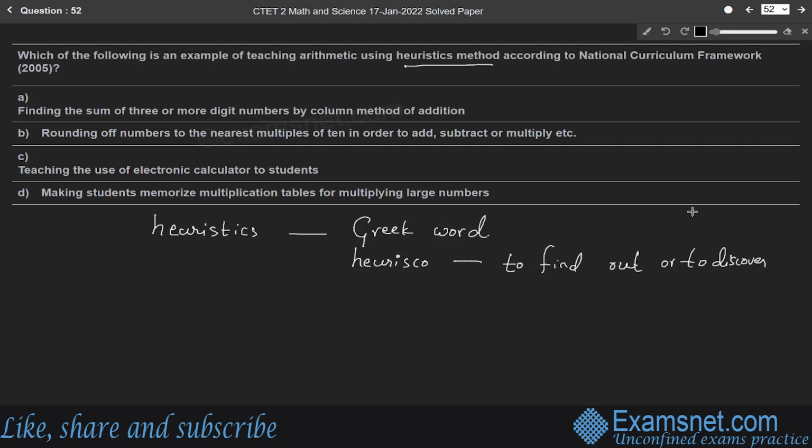For example, rounding off numbers to the nearest multiples of tens in order to add, subtract, or multiply, as it allows children to discover answers. Therefore, option B is the correct answer, an example of teaching arithmetic using heuristic method.